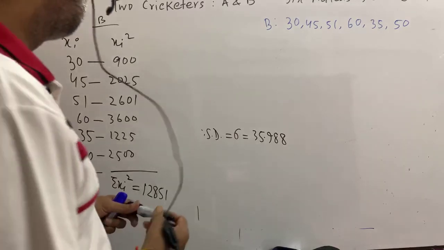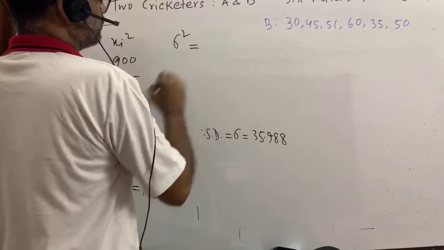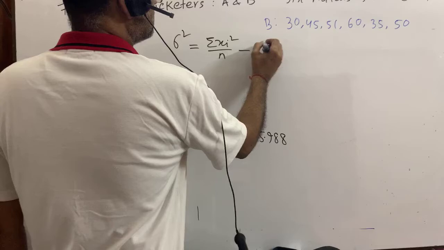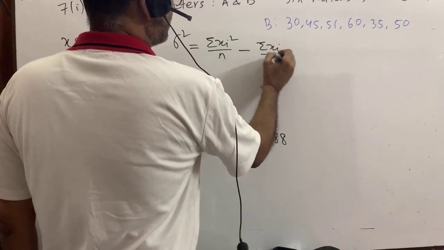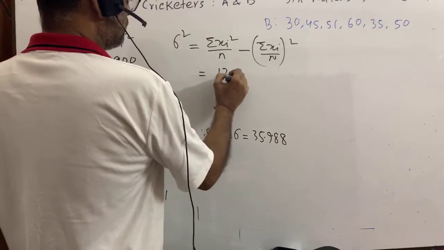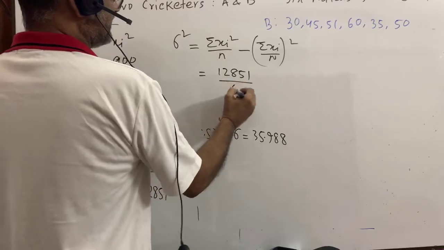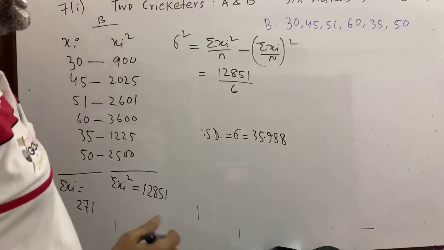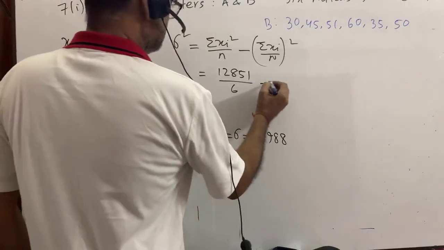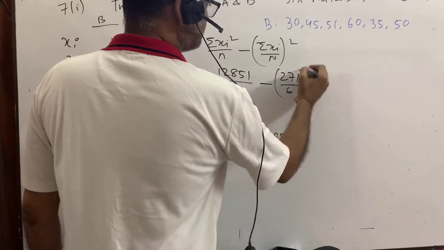Now you find out sigma square. The formula is summation xi square by n minus summation xi by n whole square, that is 12851 by n, and they have played 6 innings, right? Minus 271 by 6 whole square.